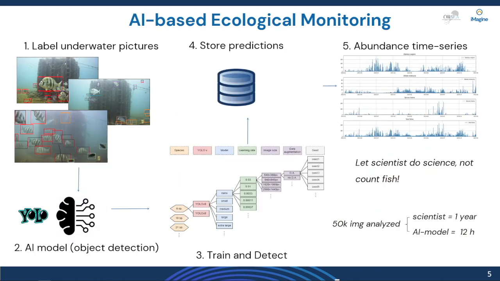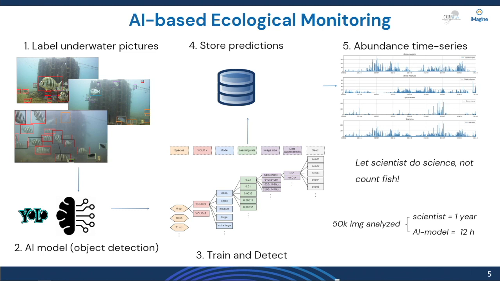But nowadays, instead of counting manually, the idea is to apply algorithms, which in this case is YOLO, you only look once. And then we can train with so many configurations. Here, there are different species that you can take into account, different YOLO and not only YOLO models, different sizes of the model, different learning rates, using data augmentation or not, playing also with the image size.